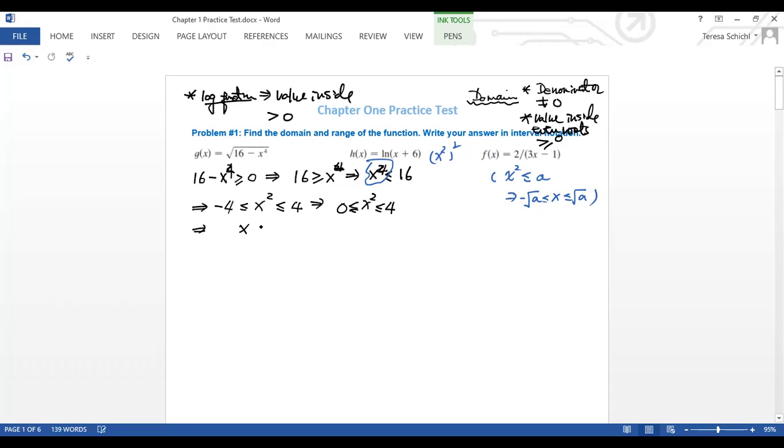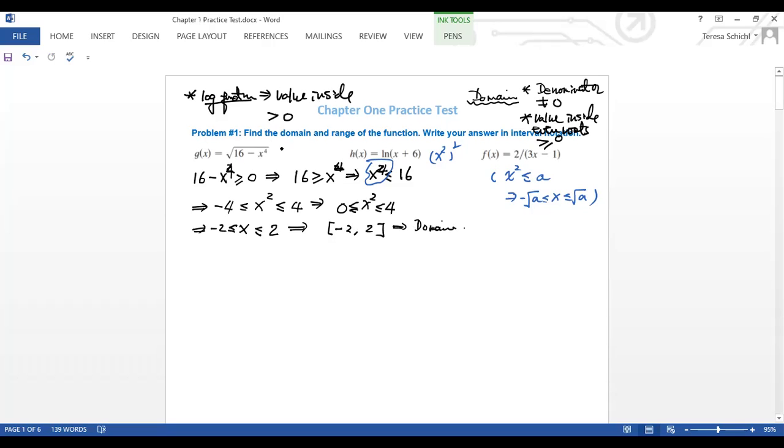That means x is less than or equal to the square root of 4, which is 2, and greater than or equal to negative 2. So this is the domain: from negative 2 to 2. And the square root output is always positive.